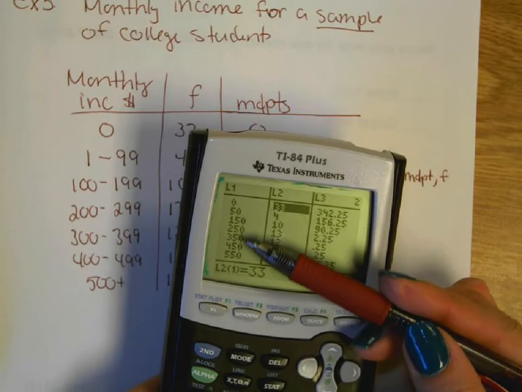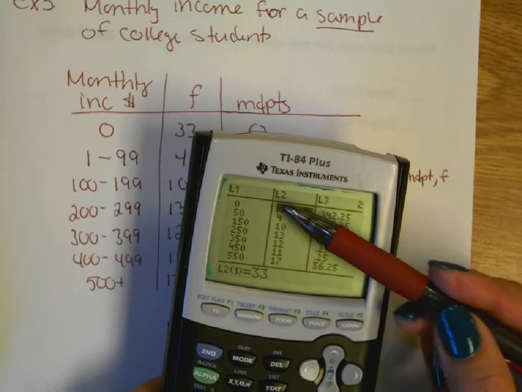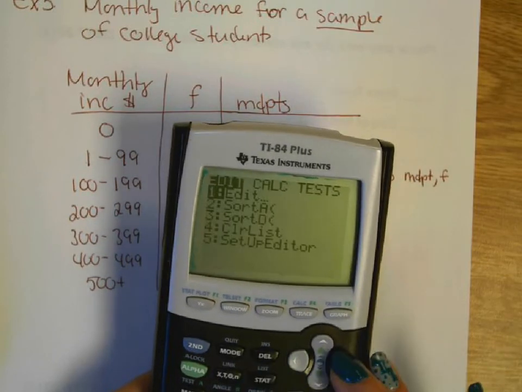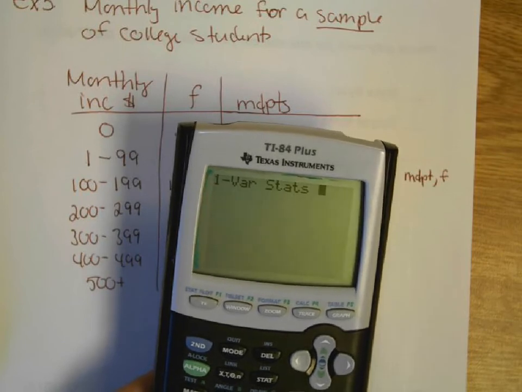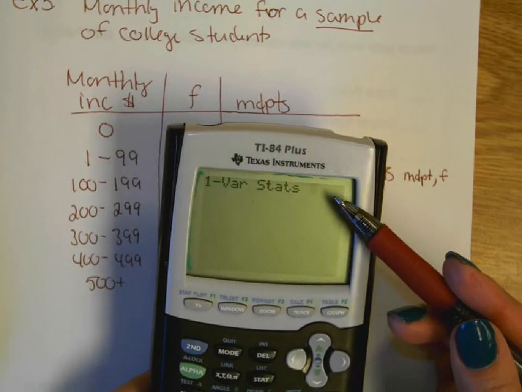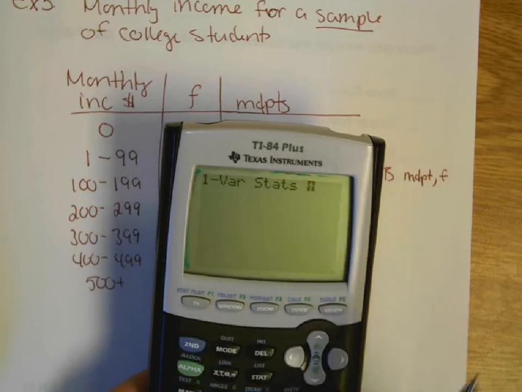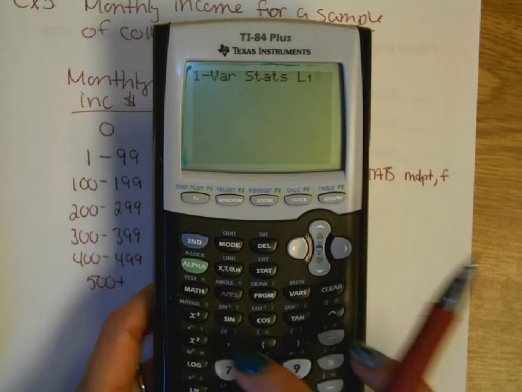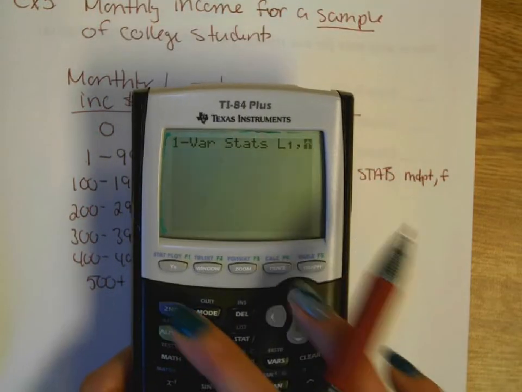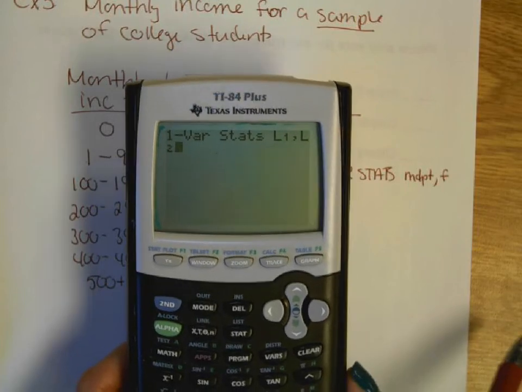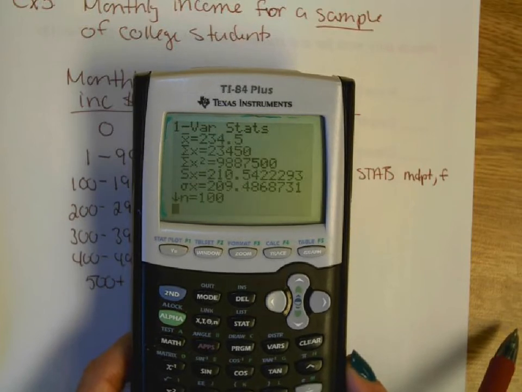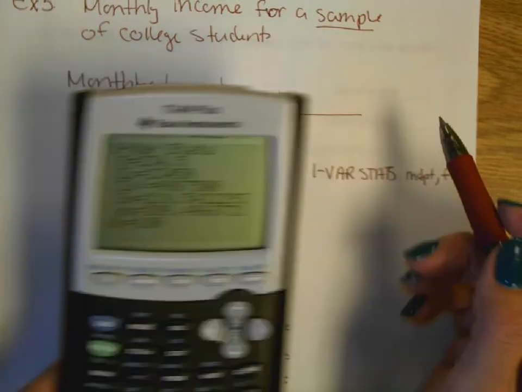I've got the 0, 50, 150 all the way down. So I've got list 1, and list 2 is my frequencies. So I'll quit. Stat, calc, 1-Var Stats. Okay, this one's got the older operating system, so now I do have to put in the L1, comma. Remember the comma? The comma's right above the 7. And then L2. Kind of glad this one didn't have that same operating system. And now I just hit enter. And there's all that information again.